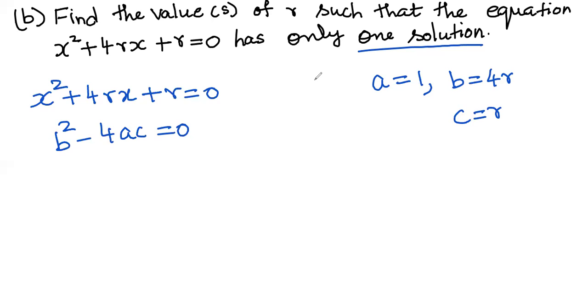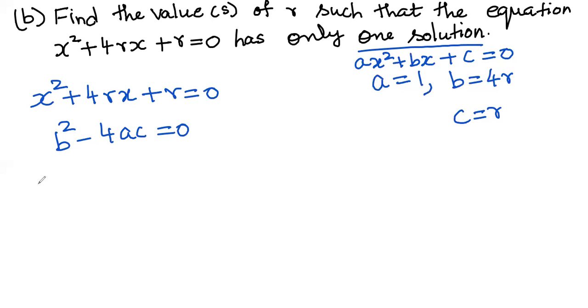Why? Because the quadratic equation expressed will be ax squared plus bx plus c equal to 0. So we have a is 1, b is 4r, c is r.